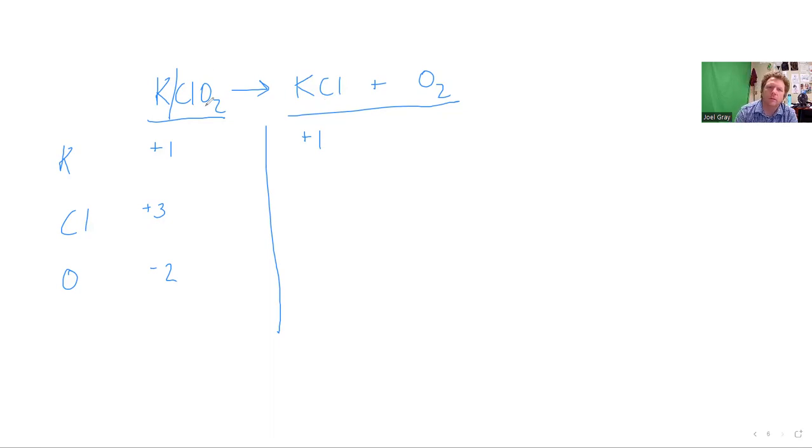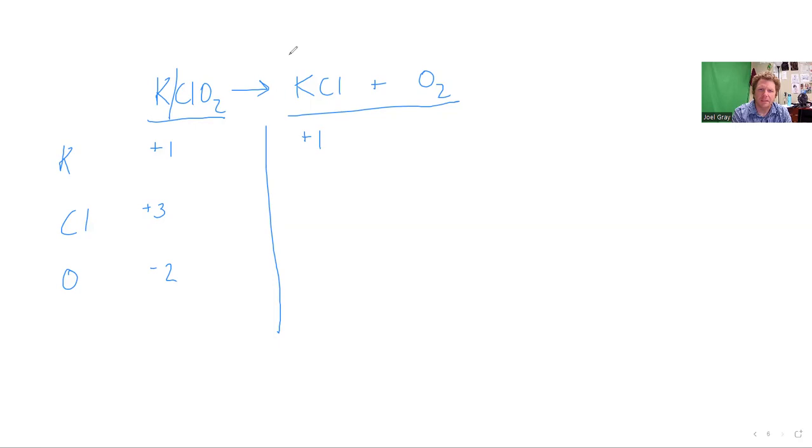Chlorine's a little bit funky. Chlorine can have multiple different oxidation numbers. It could be +1, it could be -1, it could be 0, it could be any number of things. Now for this KCl, do you see a charge for that substance? You don't, because KCl is a neutral ionic compound.